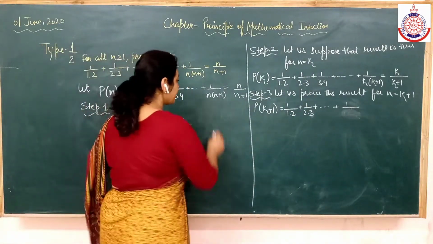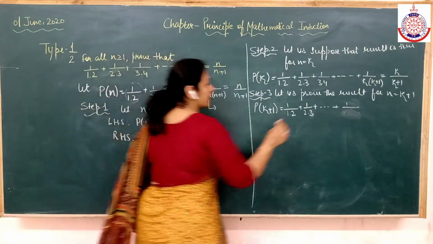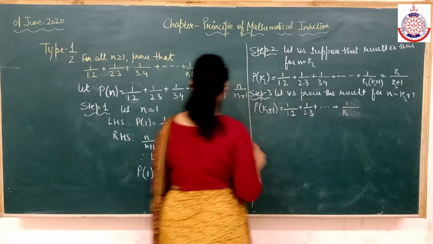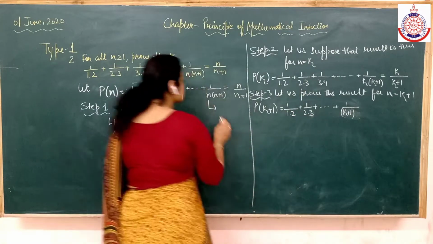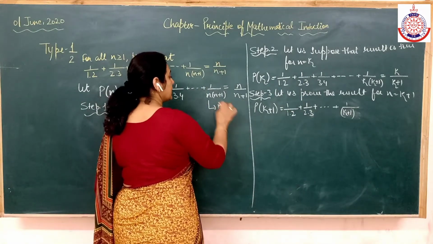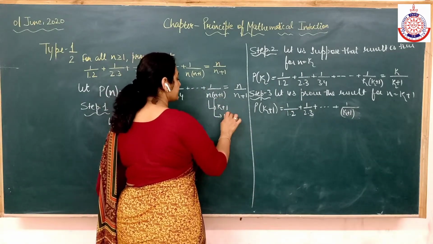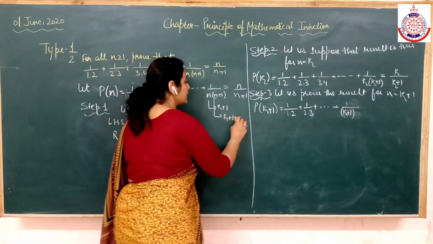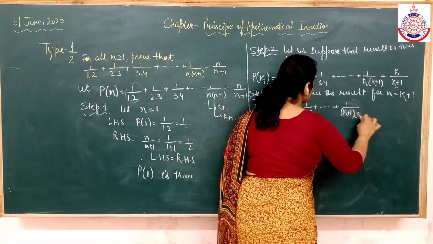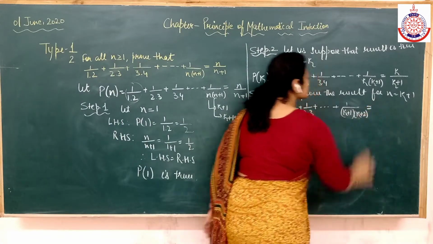So what will it become? This will become k plus 1, and this will become, in place of n I am putting k plus 1 plus 1, k plus 2. You have to be careful while solving it.